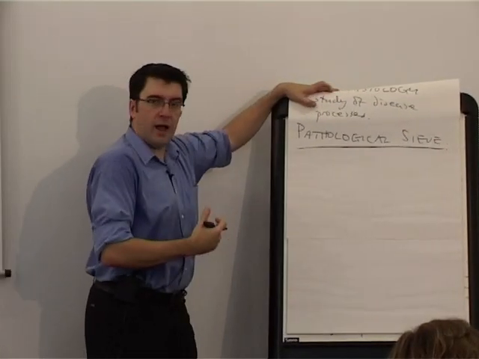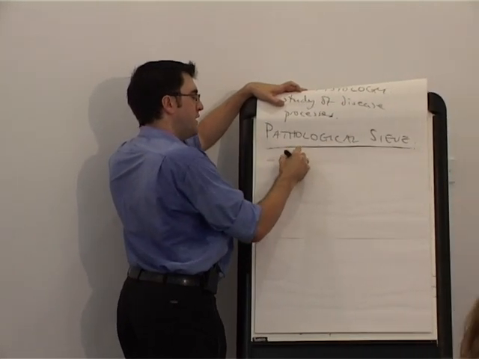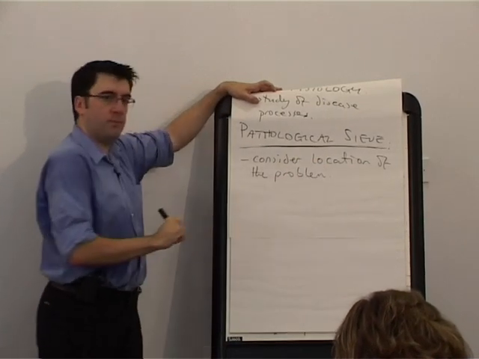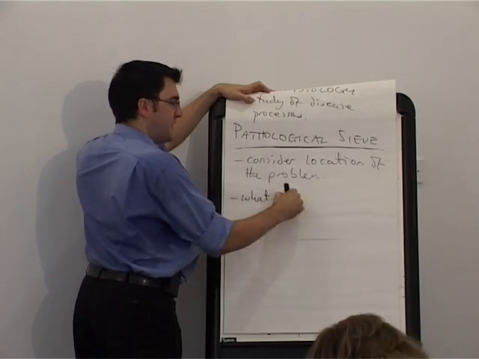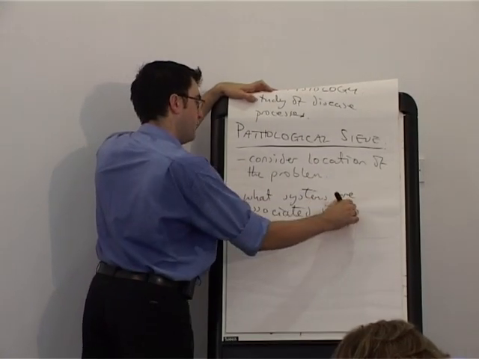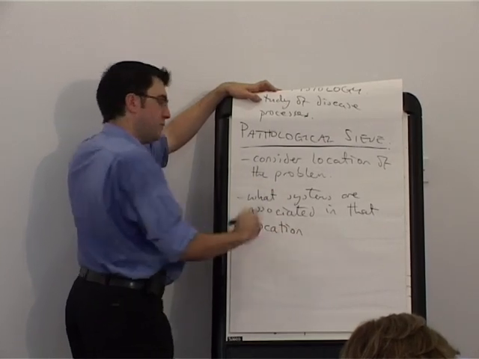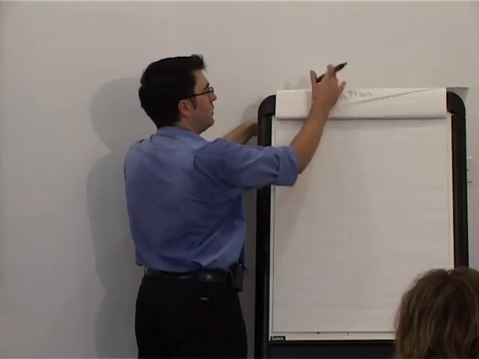And as far as the pathological sieve is concerned, you need to consider the location of the problem. And then consider what systems are associated in that location. And then define it even more.